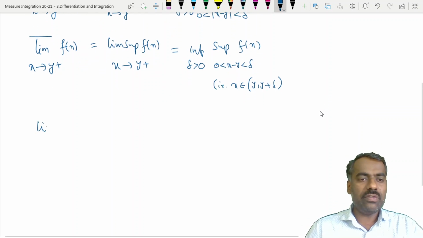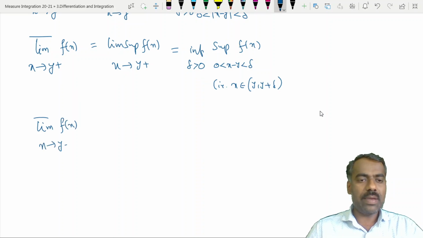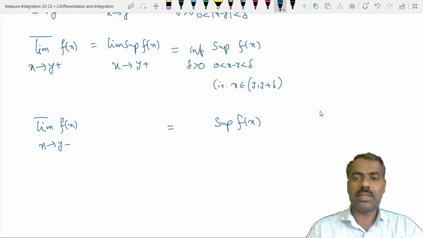Similarly, you can define the upper limit of f of x as x tending to y minus. This is the same as the supremum of f of x, where x minus y is bigger than minus delta and less than 0, and the infimum over delta greater than 0.